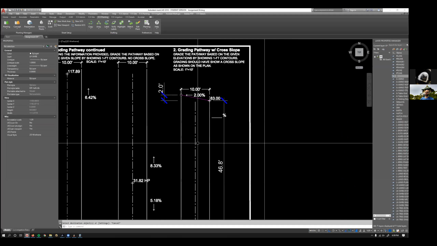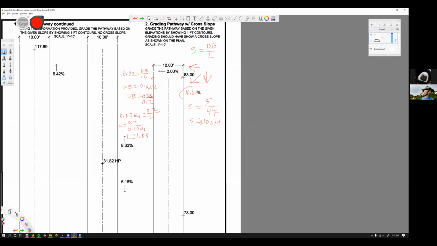Now, for the rest of the contours, we're going to take that 10.64%, 0.1064, and we want to find out the distance between whole number contours, the distance between the 83 and the 82, because we're going downhill. So the next contour is going to be lower, right?